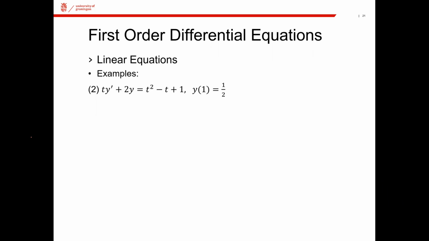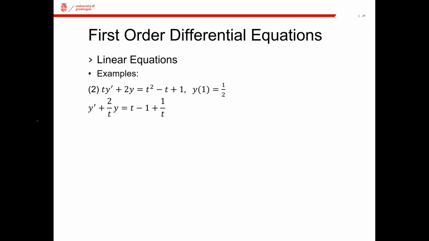Okay, another example. In this example, we have the initial condition, and still the order is 1 and the number of initial conditions is also 1. So we can have the actual solution in the end. The first step is always to transform the original equation into the standard form that we have.